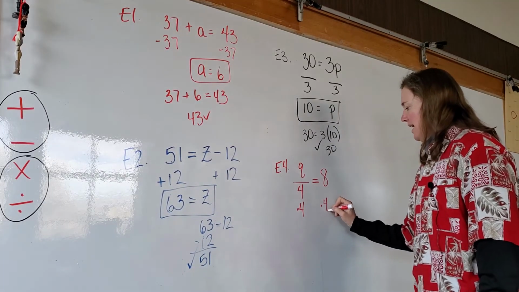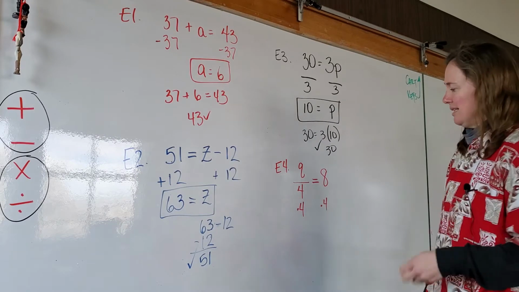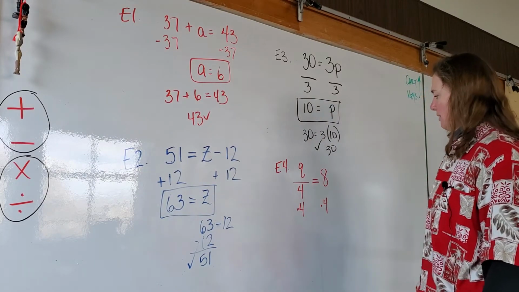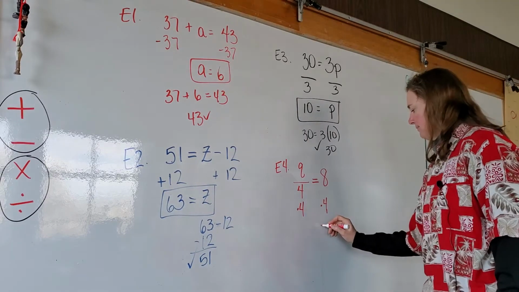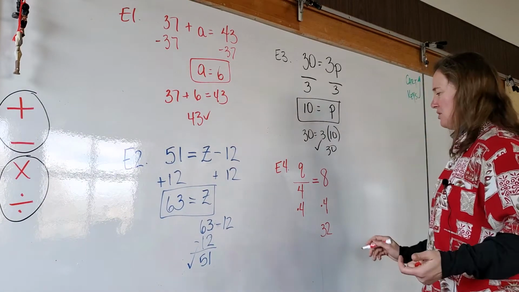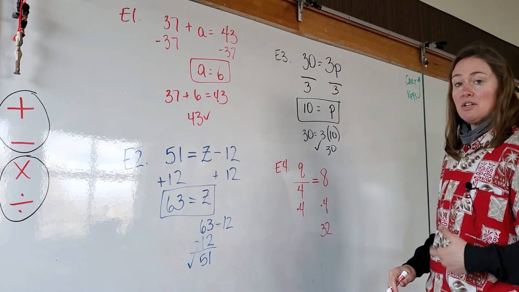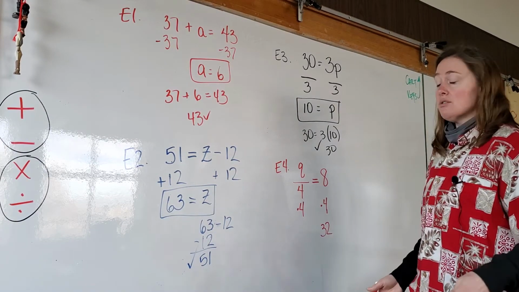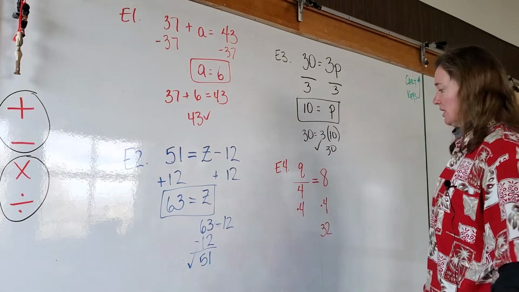Don't get lazy on that. I sometimes get lazy. We've got to be better, okay? Elevated dot means multiply by 4. Okay, 8 times 4. If you need to do that on a calculator, or count that on your fingers, or use a multiplication chart, it's totally fine. Use what you need to in order to get where you need to go.